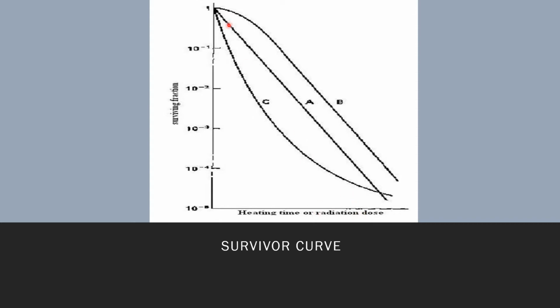Here, line A represents a linear portion, which may indicate that the process is continuous. In curve B, we can see a little curve and then it goes downwards, indicating that this process is modified by an initial shoulder, while curve C has a lower tail.